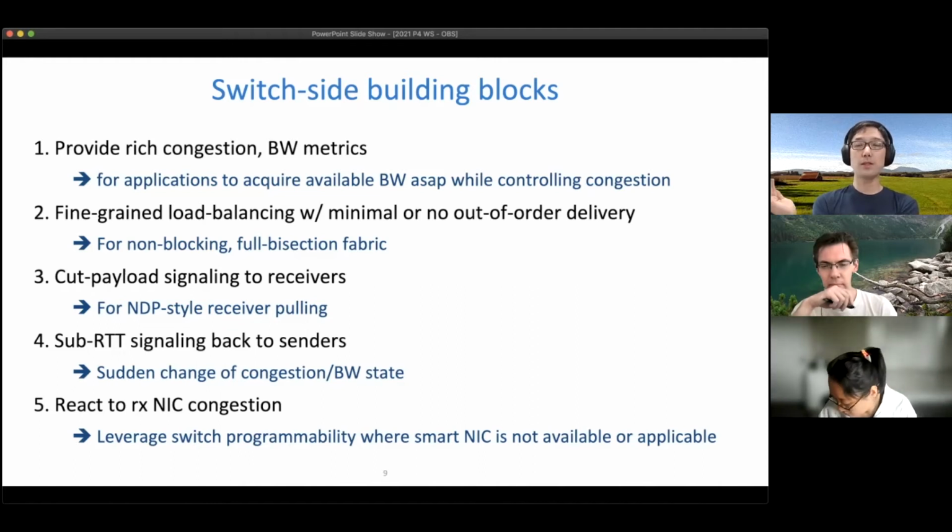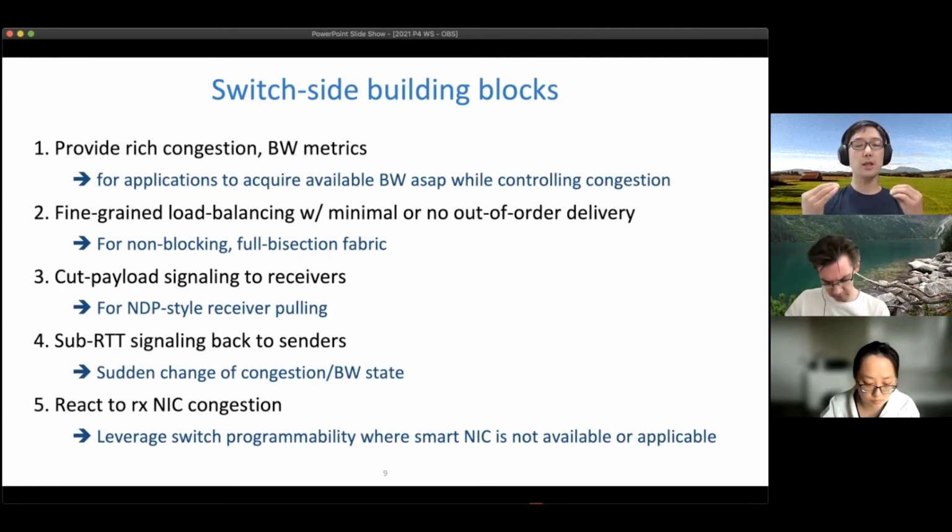The signaling of egress congestion information to ingress can be achieved by something like a cut payload as NDP has proposed, or we may think about some sub-RTT signaling back to senders from the ingress side of the congested switch. They can handle such sudden changes of congestion or link status faster than end-to-end congestion control signaling.